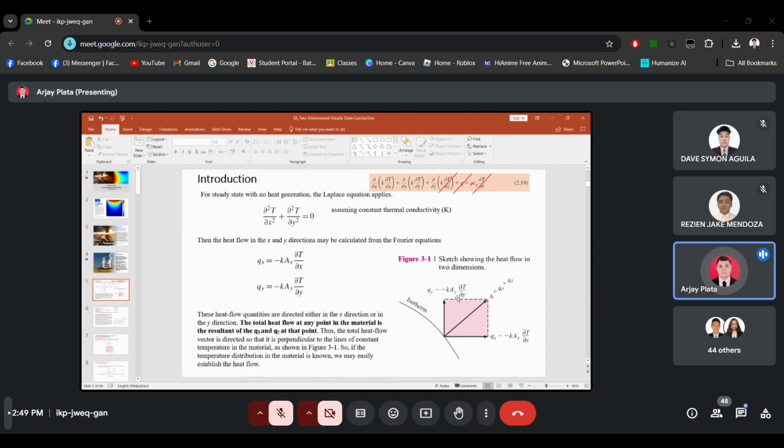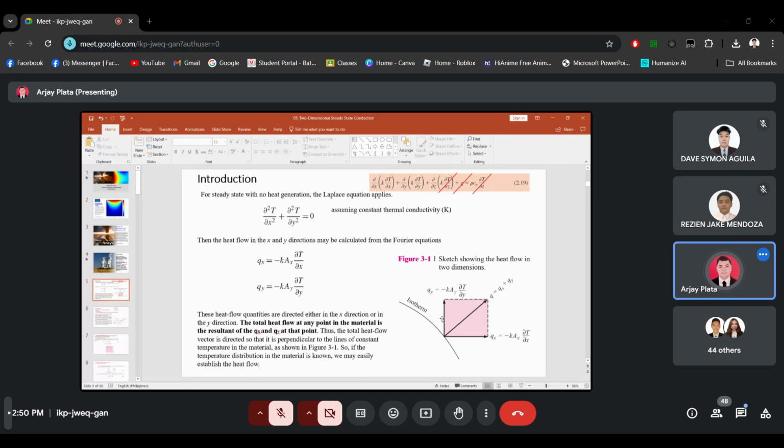As you can see in this figure, we have Qy equals negative kA partial derivative of T with respect to y, and Qx equals negative kA partial derivative of T with respect to x. So this is the resultant. To get the overall heat transfer, you have to add Qx plus Qy. Okay, so this will be the flow of our calculation. So Q equals Qx plus Qy.